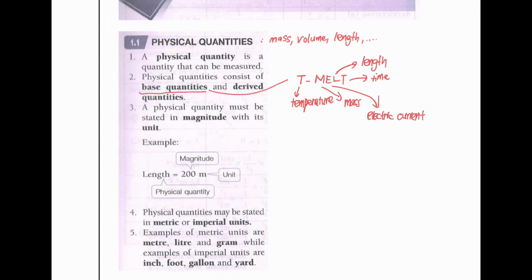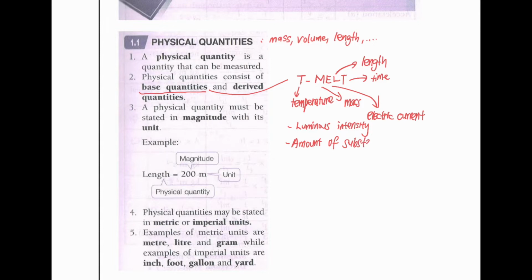Of course, besides these 5, sometimes you may see 2 more, which are luminous intensity and amount of substance.